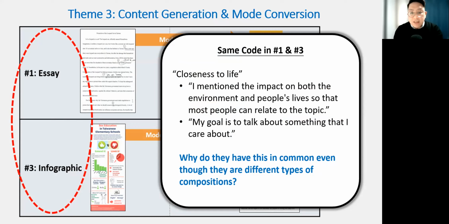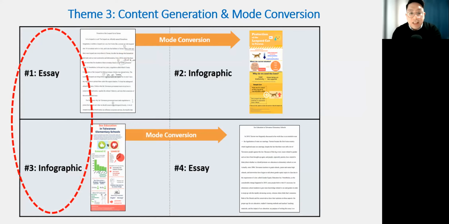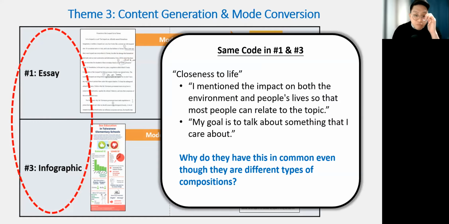So for me, the way I explain this is that the one thing that assignment 1 and assignment 3 have in common is that both of them are what I would call content generation tasks, meaning they are supposed to create content from scratch. Whereas assignment 2 and 4 are mode conversion tasks, which means that they're trying to convert what they wrote previously into a different mode or into a different format.